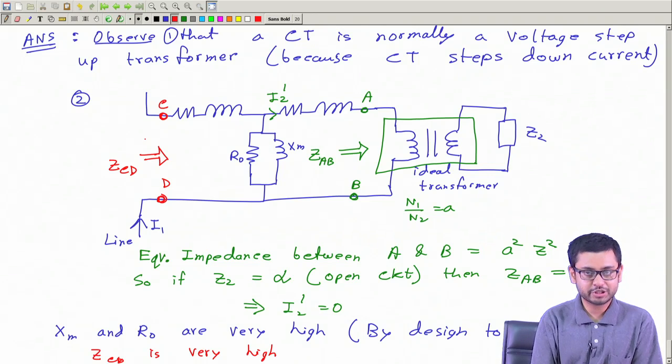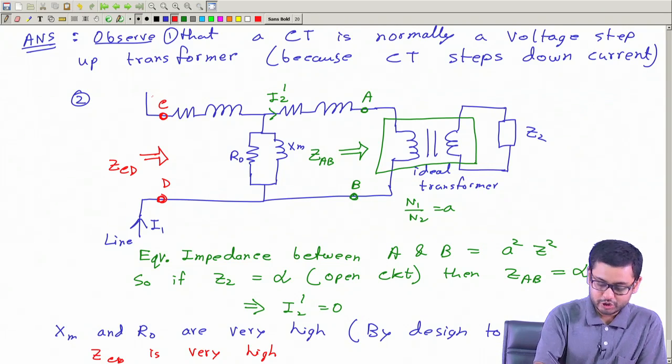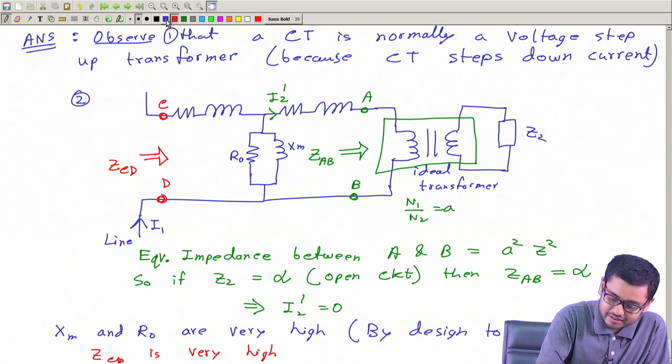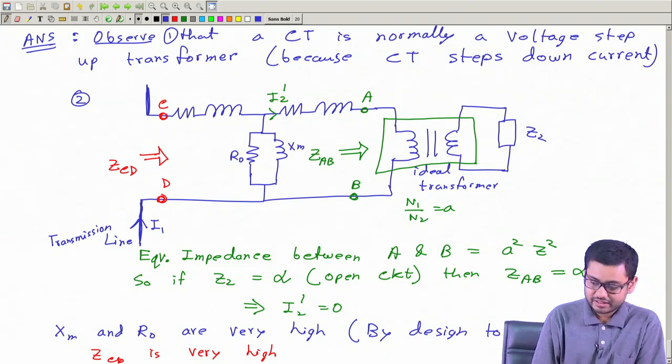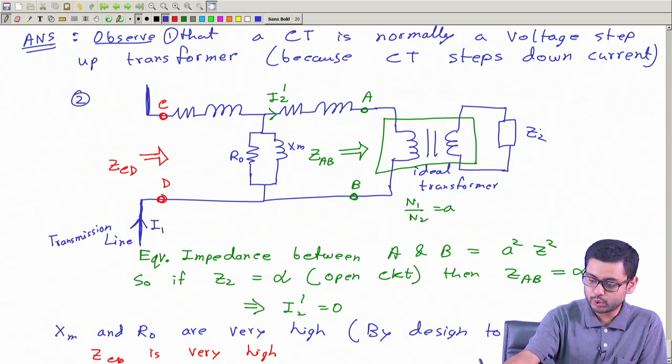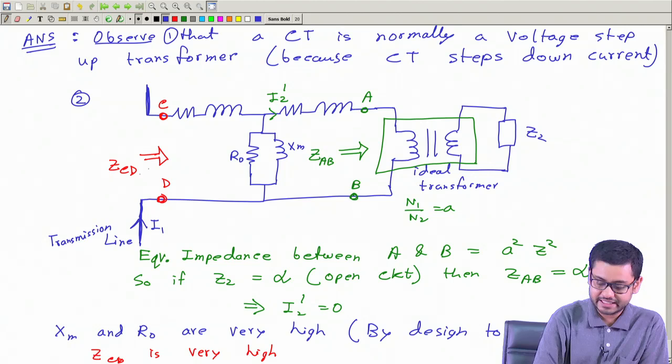Okay. So for example, if this is theoretically infinite, then this is theoretically infinite. Now what will this cause? So this is the transmission line. And if we made Z2 infinite, that means if we open circuit this, then ZCD is very high.